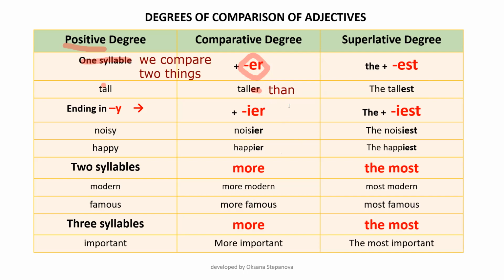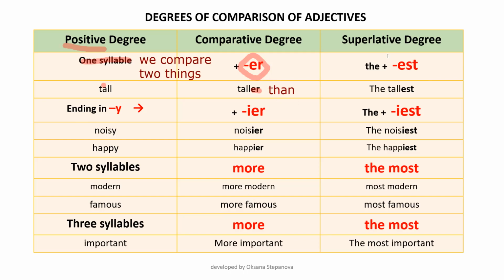Some textbooks teach you to remember the comparative form of the adjective with than. Normally we say, this girl is taller than that girl. So we compare things and we need than.